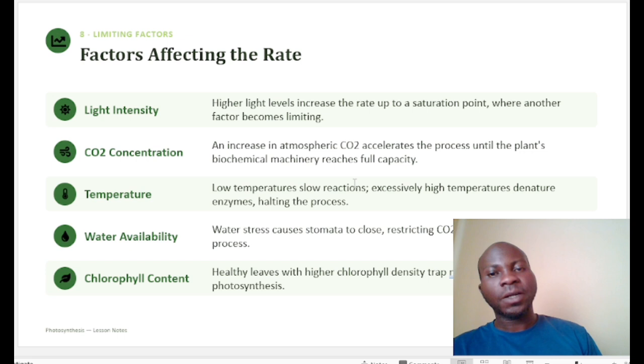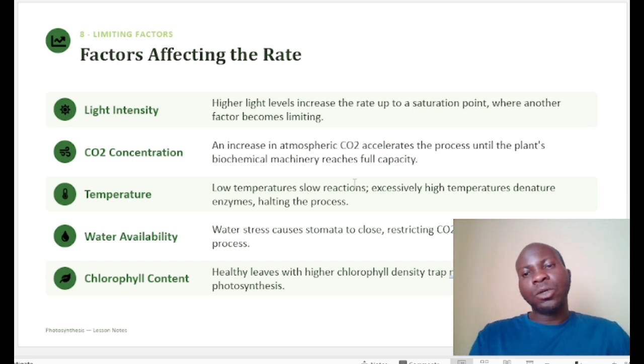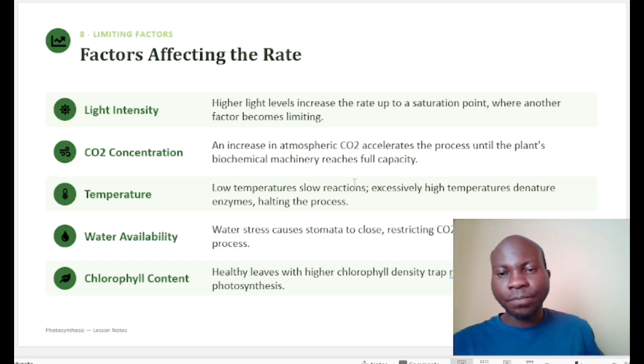Now let's describe the factors that can affect the rate of photosynthesis. The first one is light intensity. A higher light level increases the rate of photosynthesis until the saturation point, where another factor becomes limiting. Number 2 is carbon dioxide concentration.